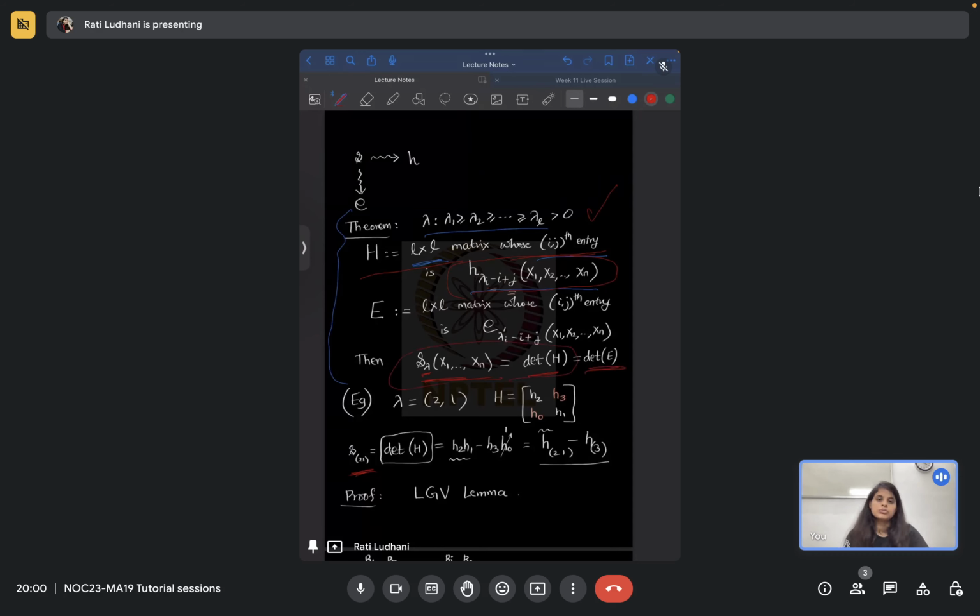So the Schur polynomial is a determinant of H. And what is H? You need to find out what H we are talking about here: the matrix H with ijth entries h lambda i minus i plus j. Let's write it here.